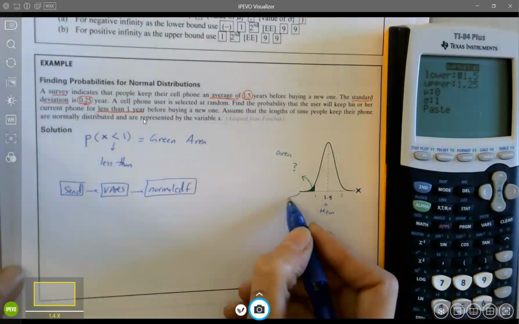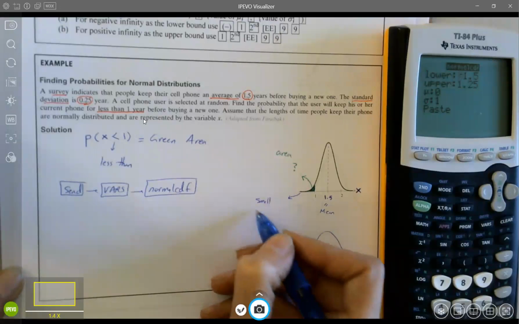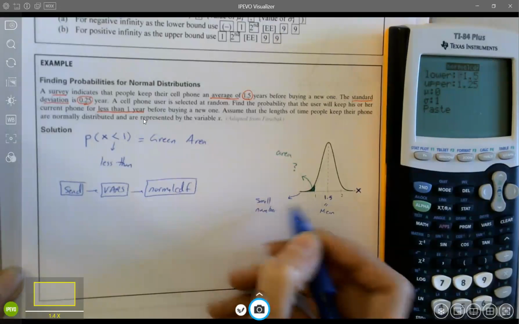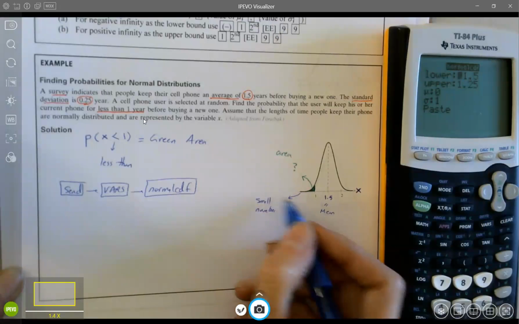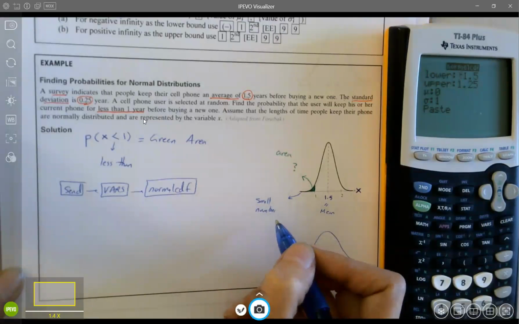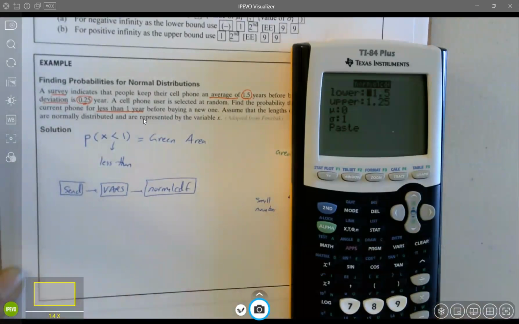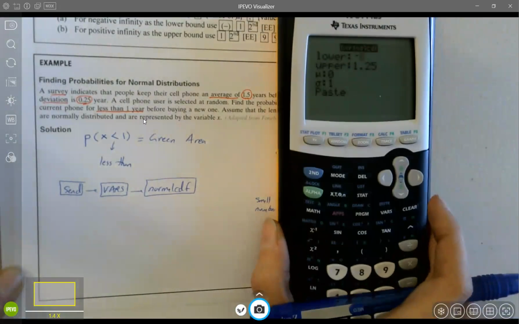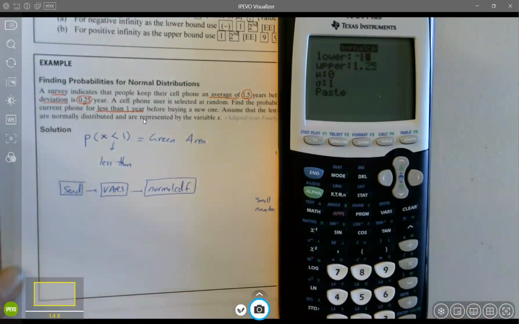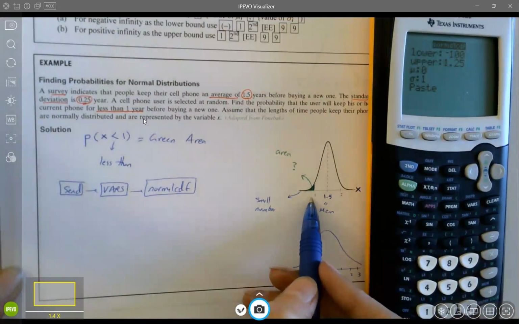So the lower bound is a small number on the left-hand side. It's a negative number on the left-hand side. But what is that negative number? We can use a lower bound like negative 100 or negative 1,000. Our upper bound, this number stops here.